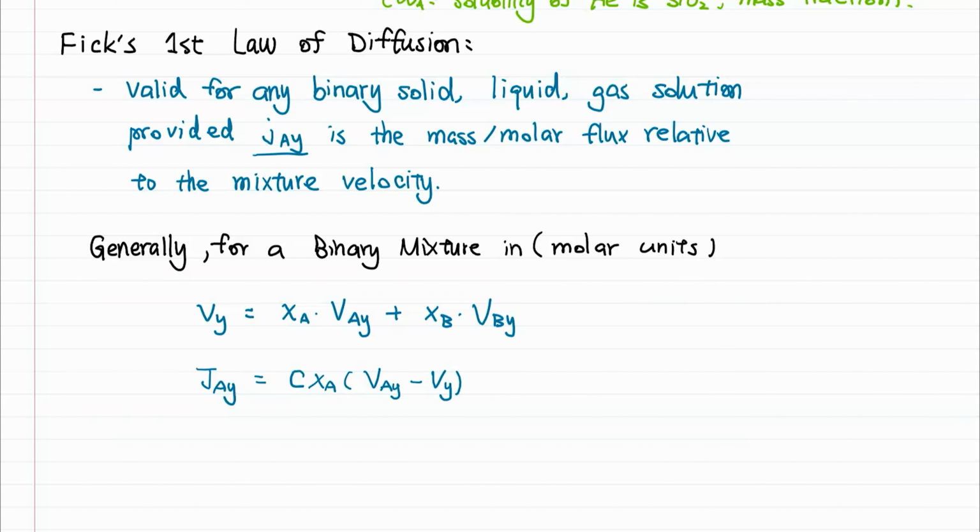Okay. So again, the diffusional flux of B equals C, the overall concentration, times the molar fraction of B times (v_B minus v).